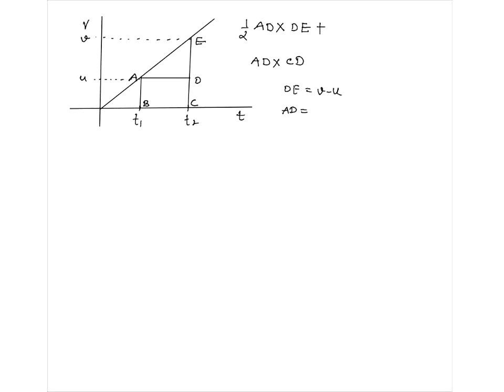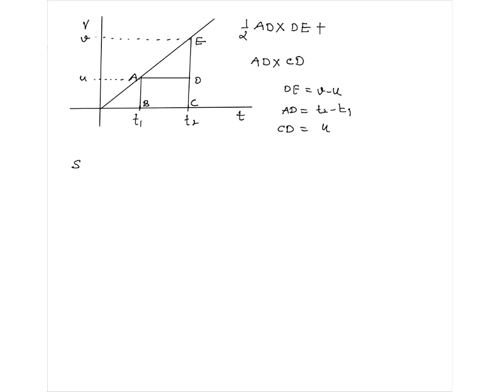AD is T2 minus T1. Now CD is clearly U. That's it.